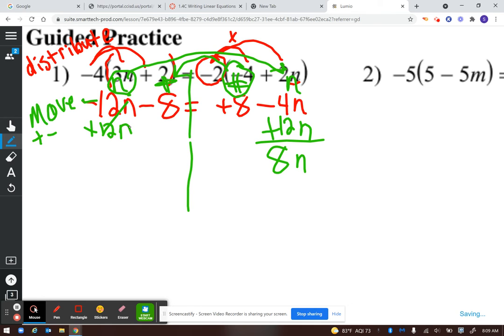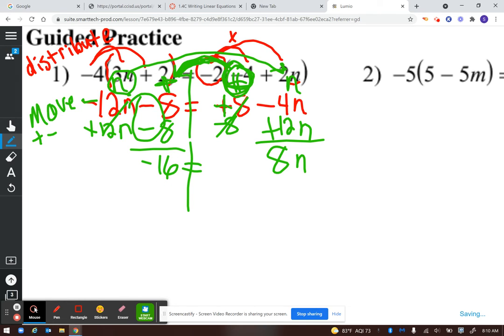Now we're looking at this number right here. We said we were going to move it to the left-hand side, opposite sign. Here it's plus, so to get rid of it, you minus. And negative 8 minus 8, when they have the same symbols, you add the two numbers and keep the sign.